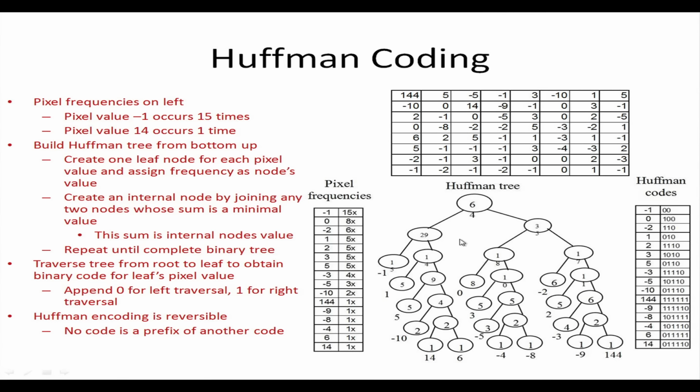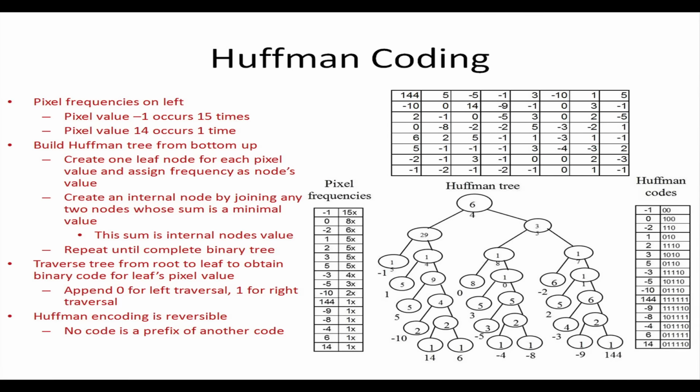Now, once I have got the complete binary tree, my task is to generate the code. Now, what has happened here is I will start from the root to the leaf to get the pixel value of the leaf.